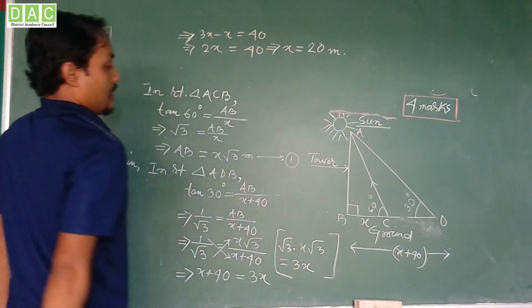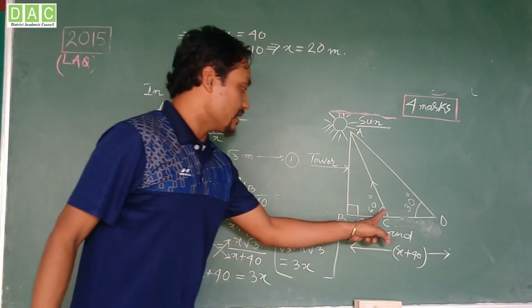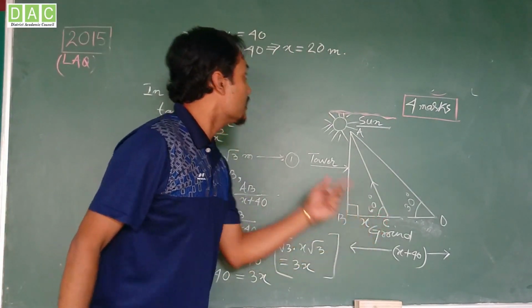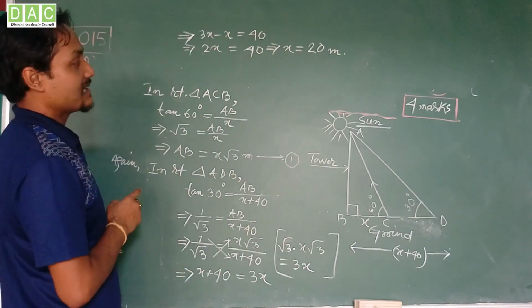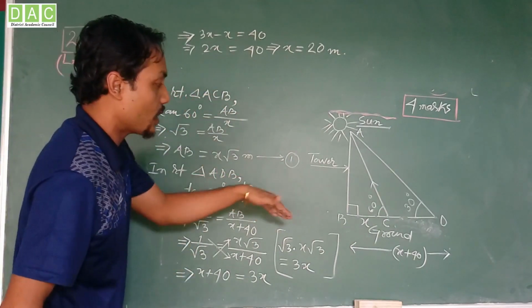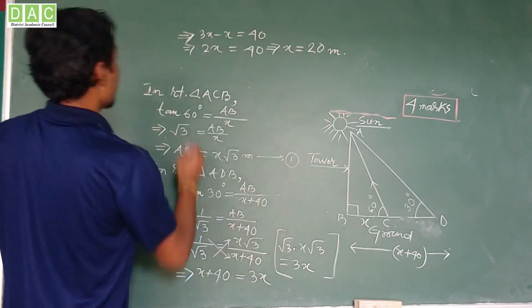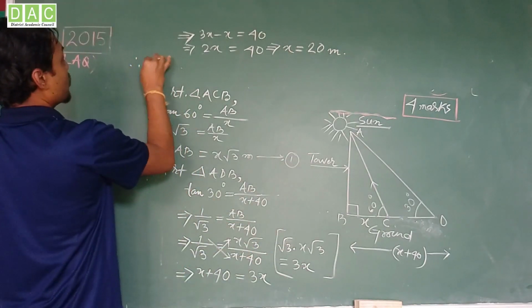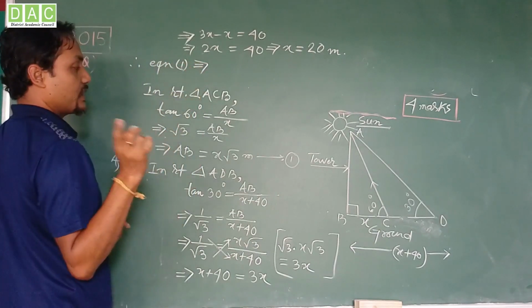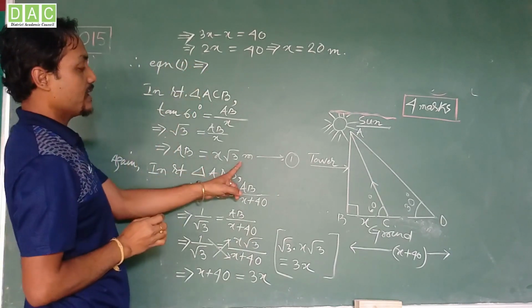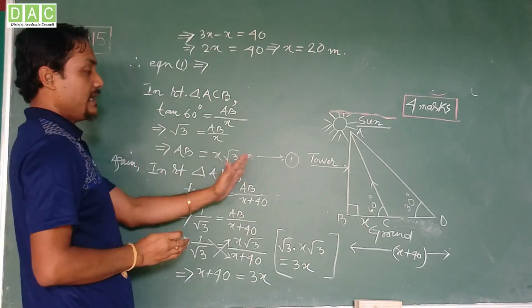That means when the angle of elevation is 60 degree, the base part is 20 meter. Now our question asks to find the height of the tower, not the base. Therefore equation 1: what is equation 1? AB equals x root 3 meter.